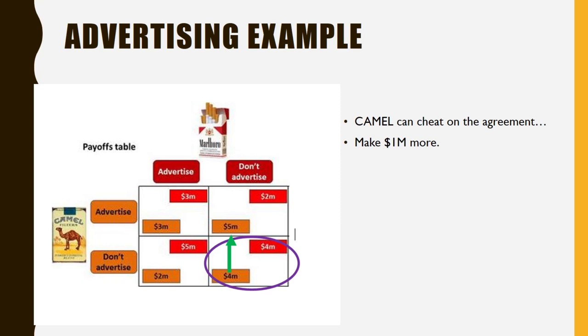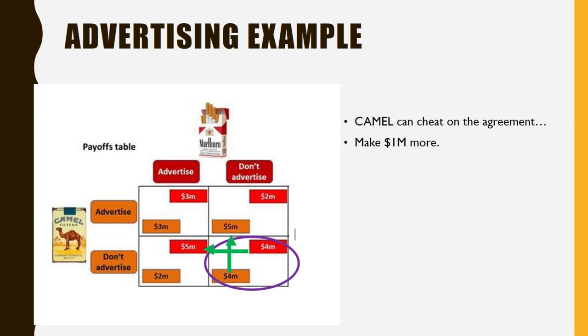And when they cheat on the agreement, do we agree that they make $1 million more? But here's the thing, do we agree that we have that same incentive for Marlboro, right? So take a look. We've got the same incentive. If Marlboro thinks that Camel's not going to advertise, then they would want to switch to advertise, right?